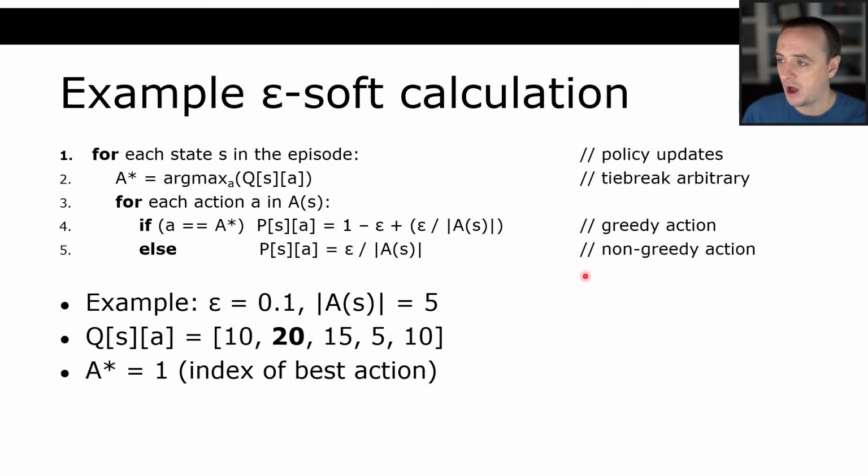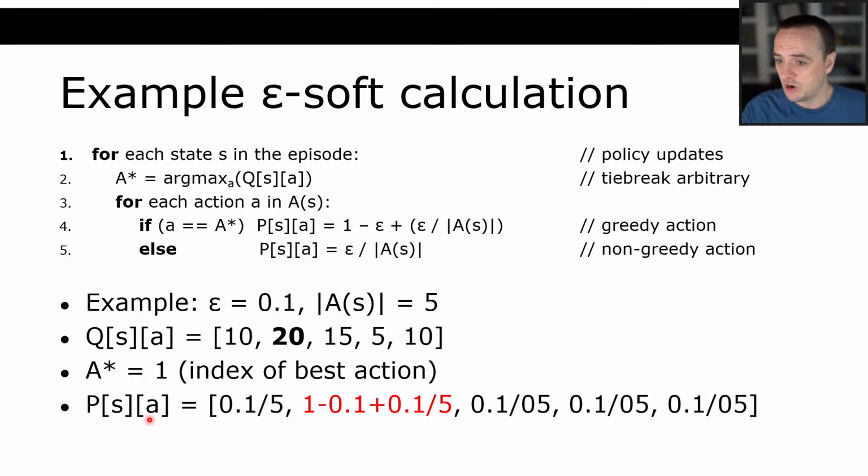So when we go to update our policy, we're going to use these formulas to calculate the probability that I want to do those actions. So here are those probabilities. For each non-greedy action, it's just epsilon divided by the number of actions, right?